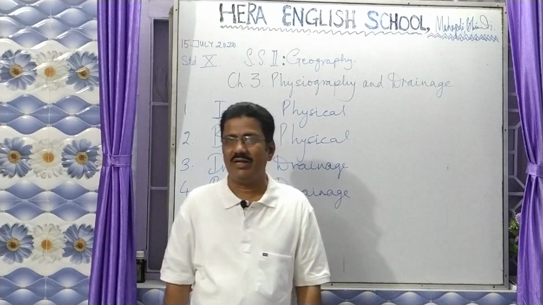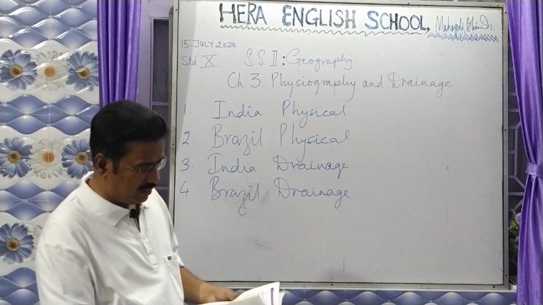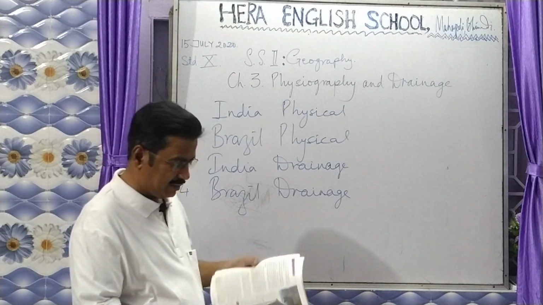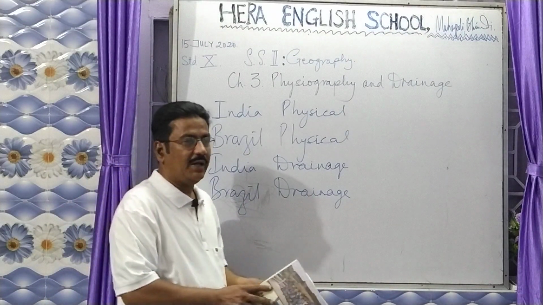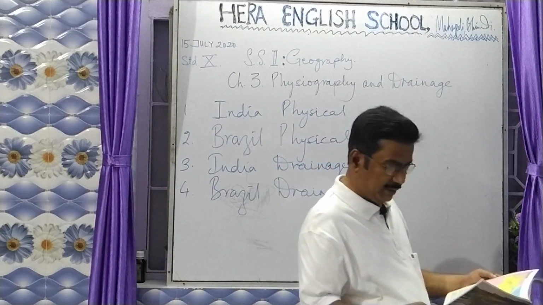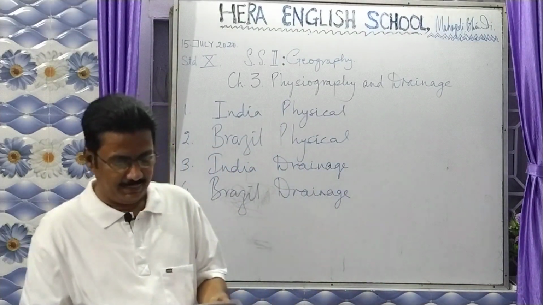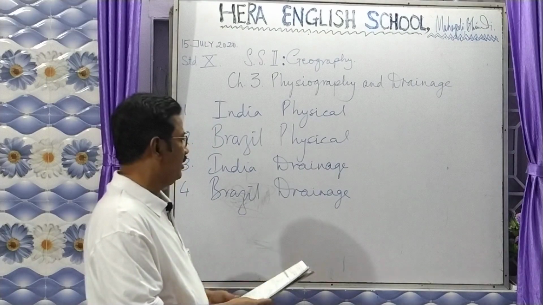The name out there is Dihang, and when it completely comes into India, the name changes back to Brahmaputra, and again from India it goes into Bangladesh. When it goes into Bangladesh, the same river has another change in name, and that name is Jamuna in the country of Bangladesh.